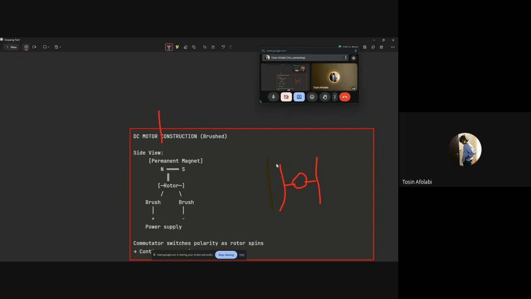Then we have our switch 1, switch 2, switch 3, and we have our switch 4. So that's basically what an H bridge is. It's just a kind of connection. So we use an H bridge for control.